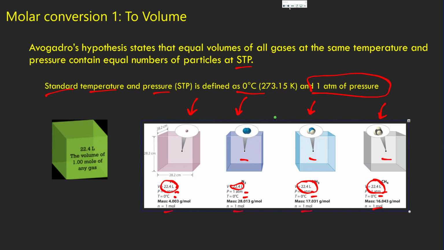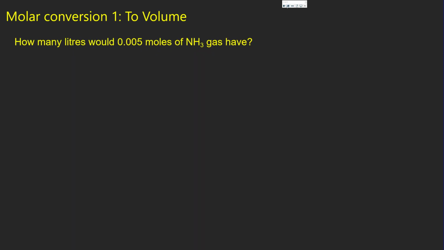So how does that relate to our molar conversions? Now that you have another conversion to look at for how we convert to the amount of gases, let's take a look at an example. How many liters would 0.005 moles of ammonia gas have? Remember, because it's a gas, you can use the 22.4 liters.